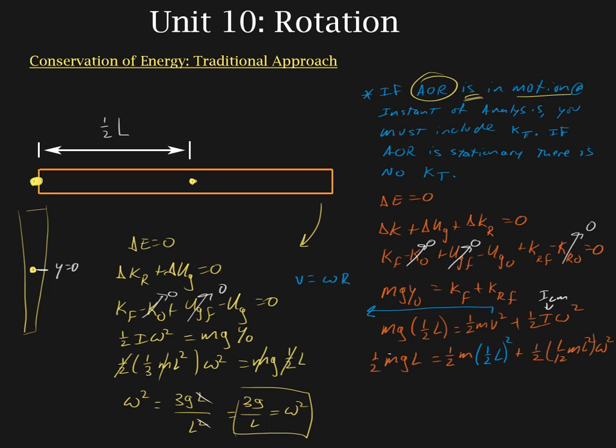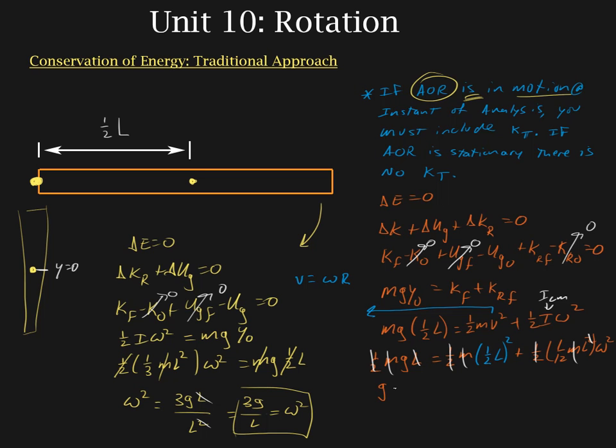All right, so now we can cancel some stuff out. Let's get rid of the 1/2. We can get rid of mass. And we can get rid of one L. We can get rid of that L. And so now let's expand this out a little bit.